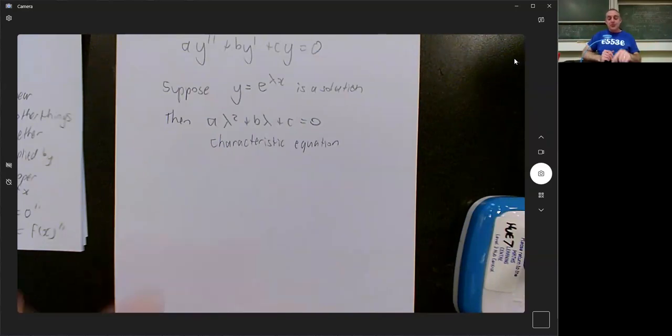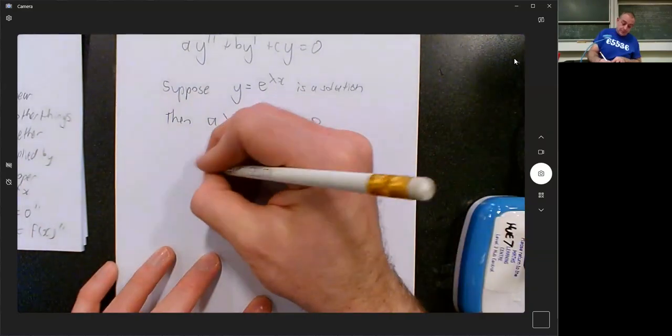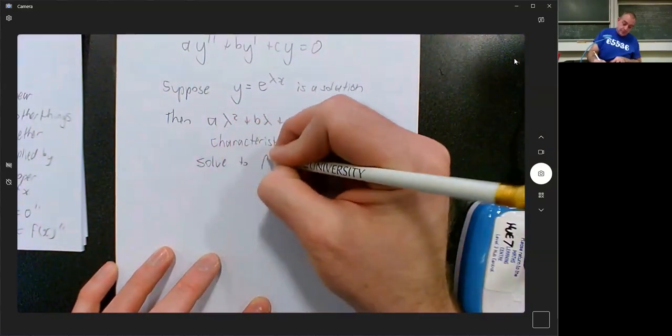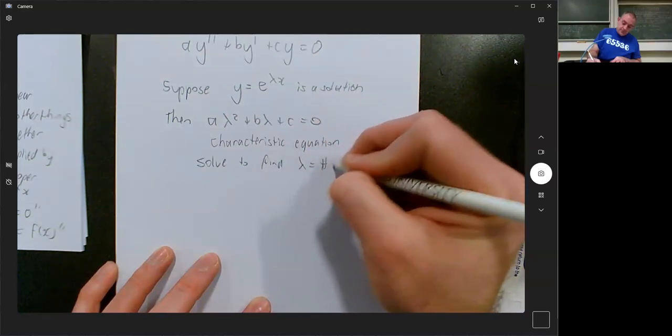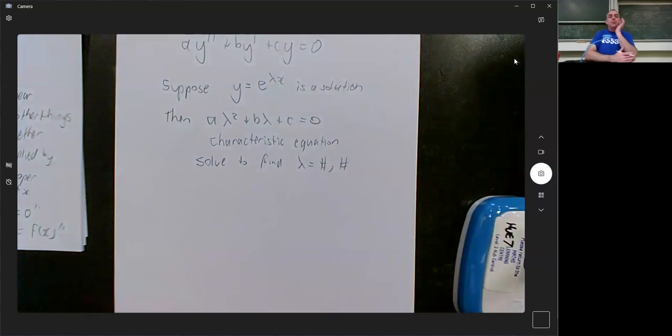Anyway, you solve that and you'll get two solutions. Two numbers for what lambda is. And depending on what those numbers are is how you will respond.